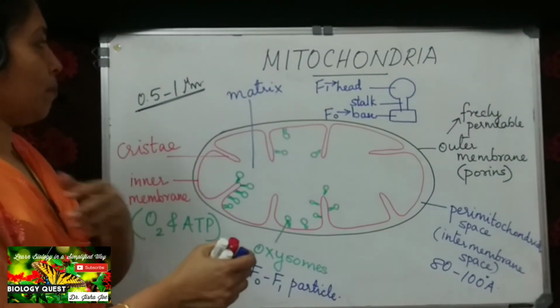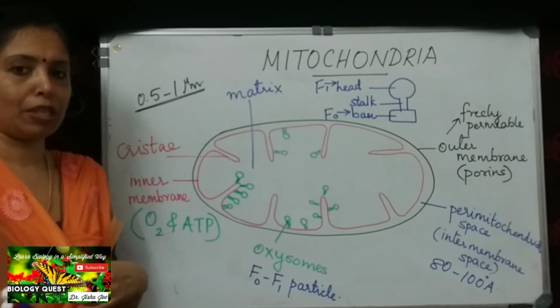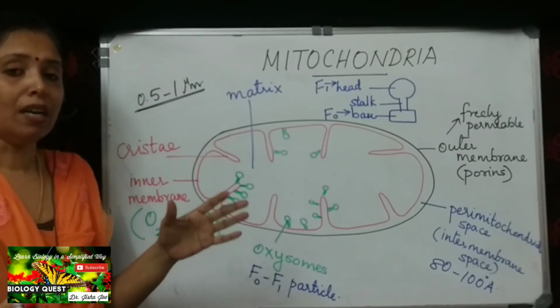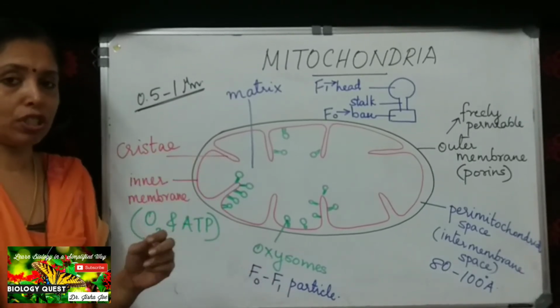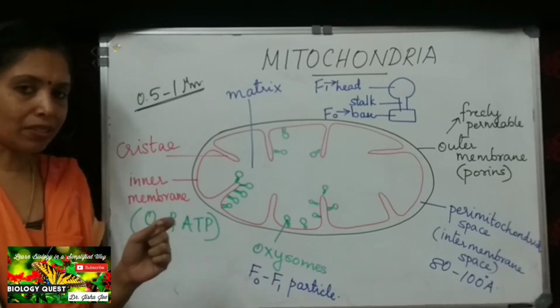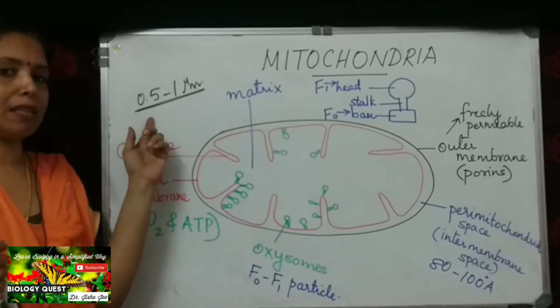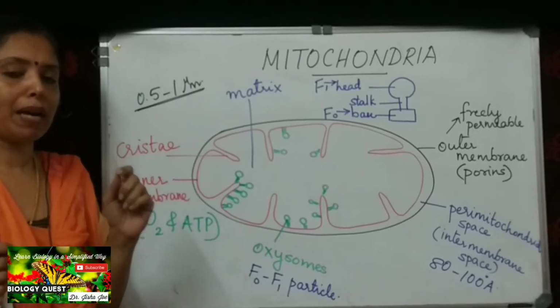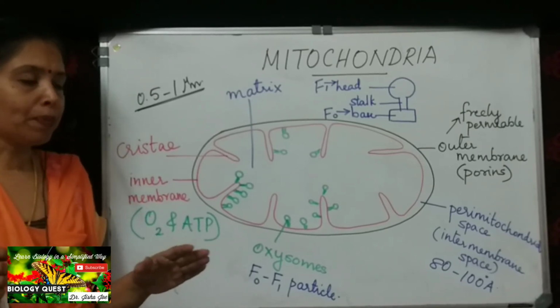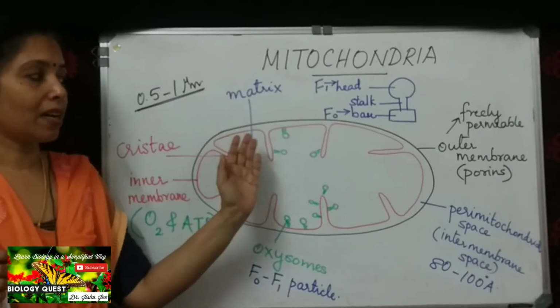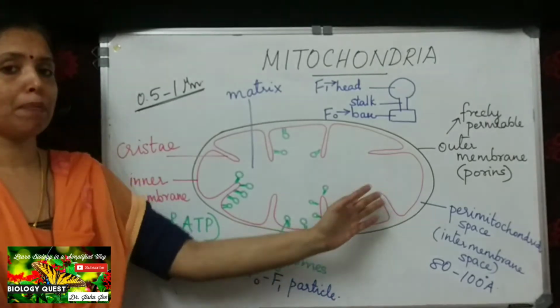Once again, moving on to the structure of mitochondria. Mitochondria is sausage shaped, rod shaped or cylindrical in shape, about 0.5 to 1 micrometer in diameter, and it is a double membraned structure.